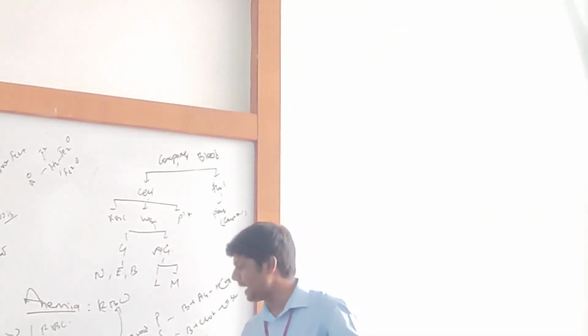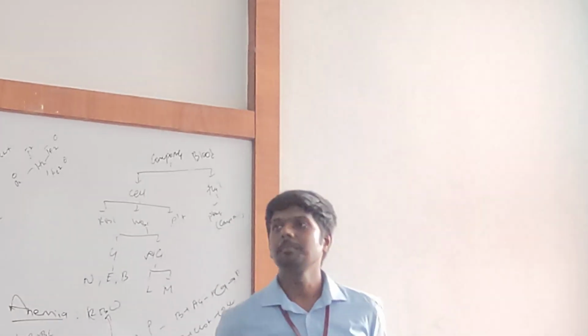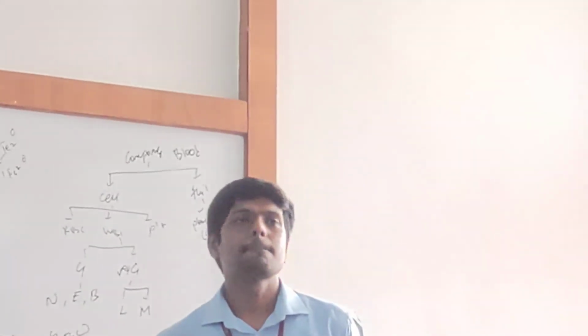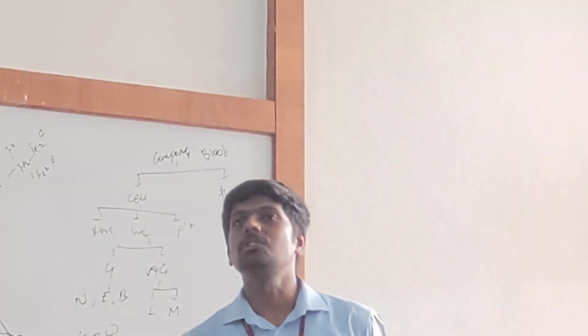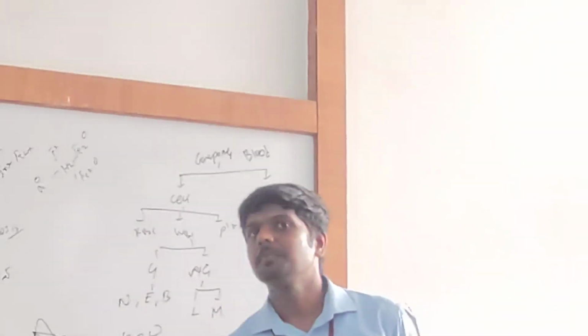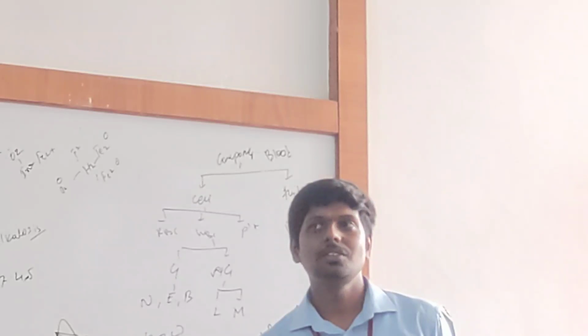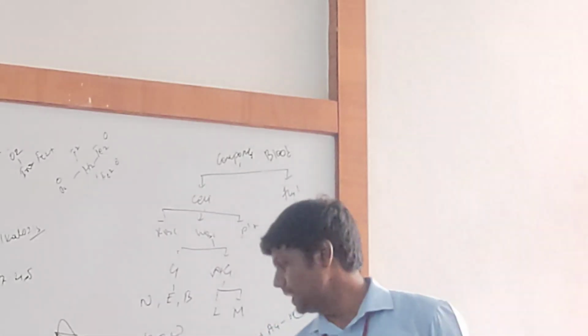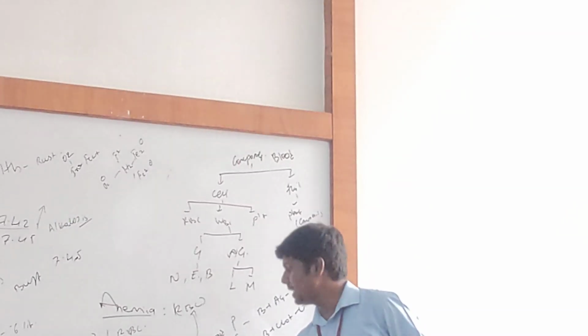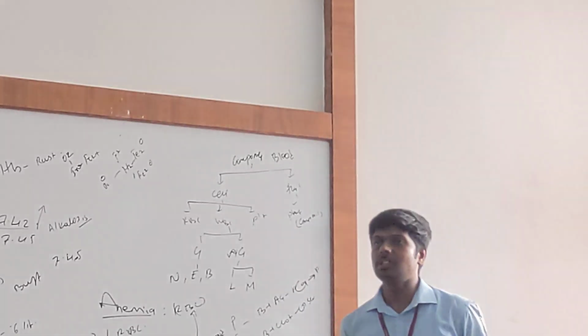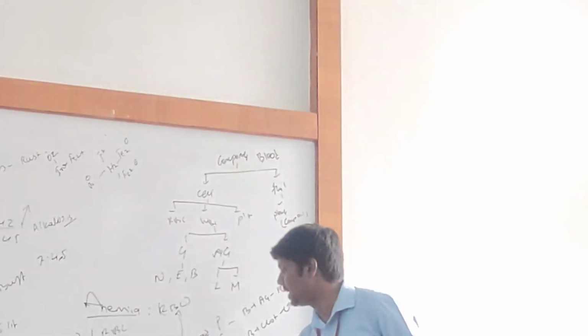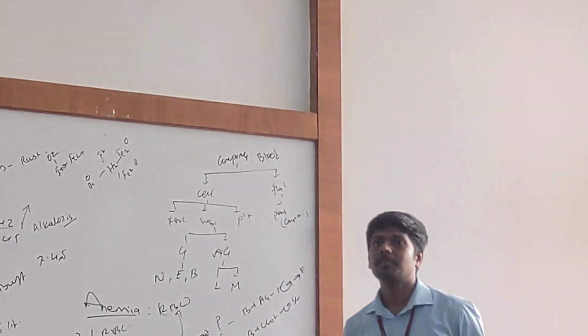So can you tell me anticoagulants used in blood bank? You don't know? I think you might not know right now. ACD, acid citrate dextrose, CPD, citrate phosphate dextrose.